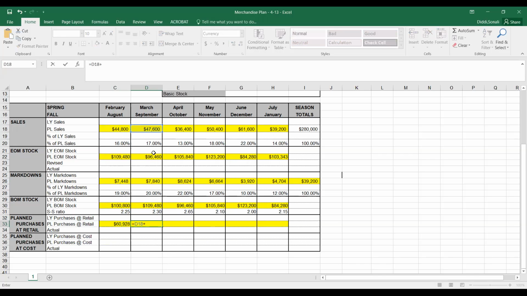Sales plus EOM plus markdowns minus BOM. And the reason we are subtracting beginning of month stock is because that's the stock we already have.